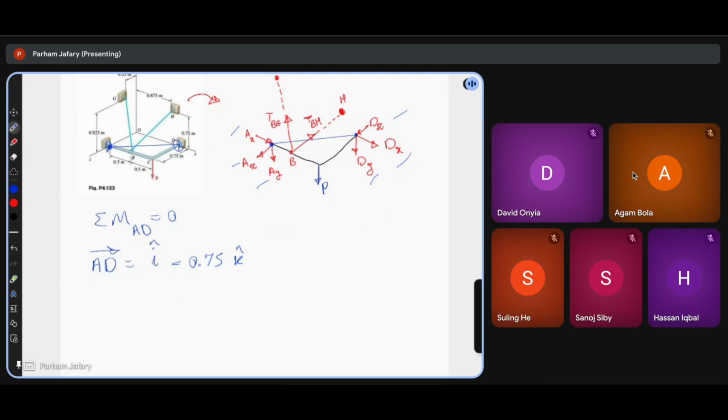Okay. We have written down the vector for AD. Similarly, we have to write down the vector for BG.